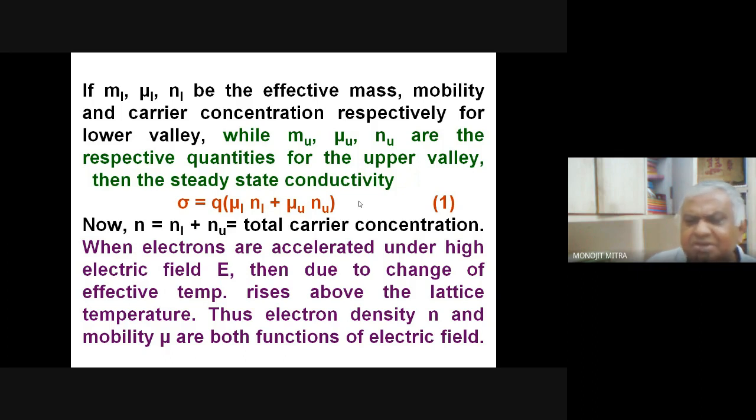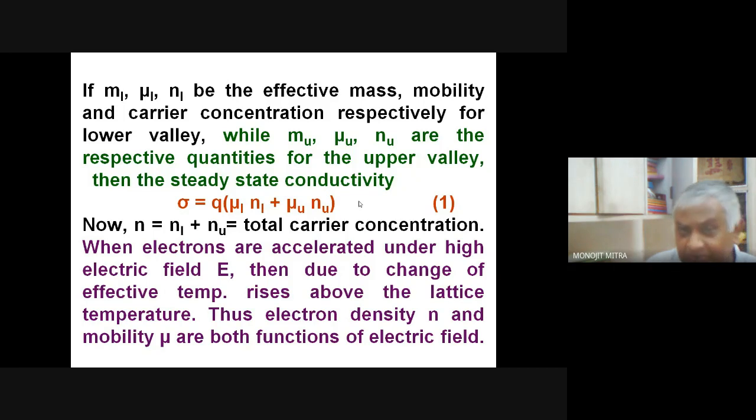So the electrons will gain energy from this voltage field, and as they gain more energy, they jump from the lower valley to the upper valley, because upper valley electrons have an energy level which is more than the lower valley. So as lower valley electrons gain energy from the applied electric field or from the temperature that rises within the material, automatically they will jump to the upper valley.